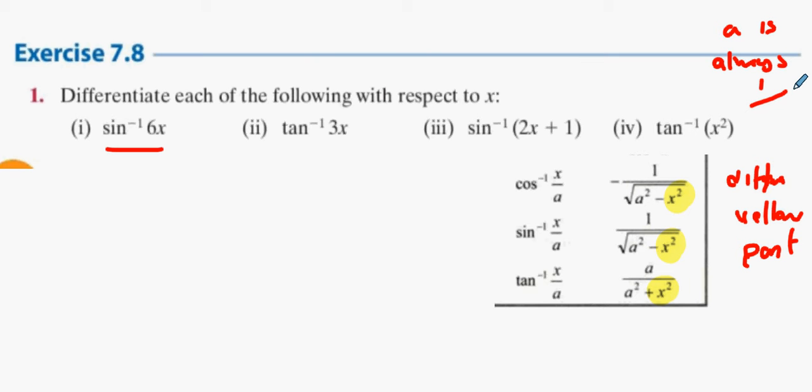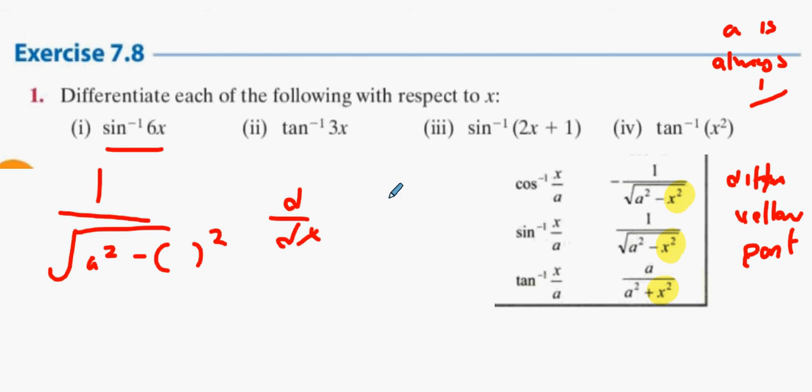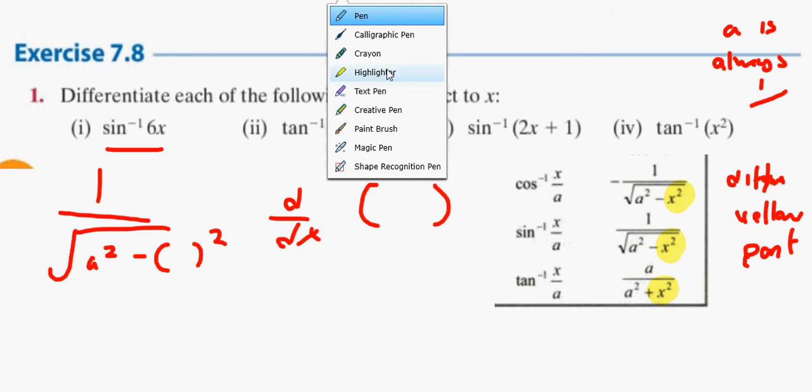Just always set A equal to 1, and then you'll see everything else just works perfectly. Now, here's what you're going to do. You're going to write down this 1 over the square root of A squared minus blank squared, and then differentiate the blank part. Now, the blank part is the yellow part. Okay?